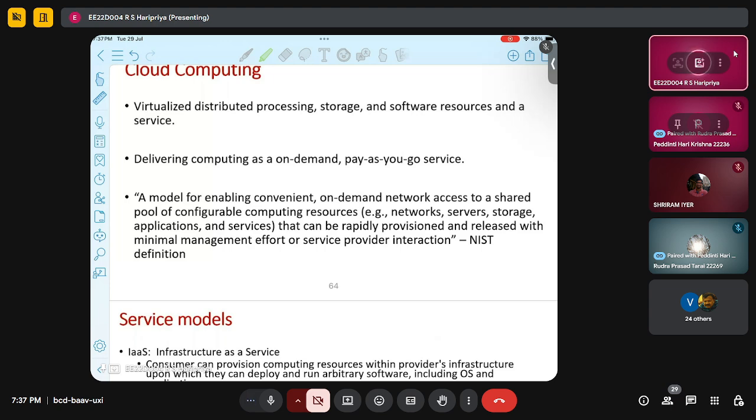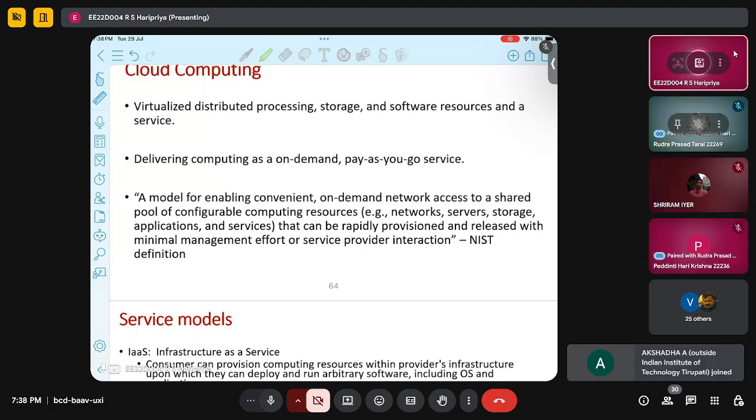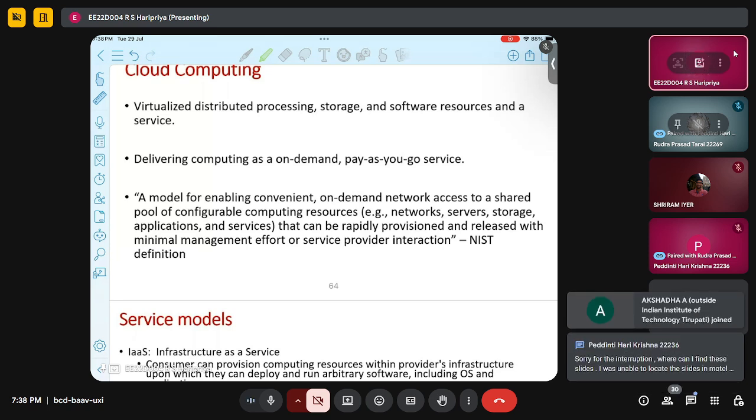Now, if we can virtualize everything, like the processing, the storage or the software resources, that means we have seen all the software resources on the entire software stack. So if we want to virtualize that in terms of packing everything into one resource and share the resource.